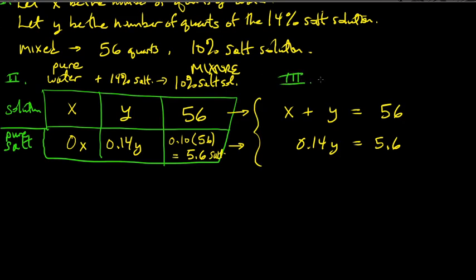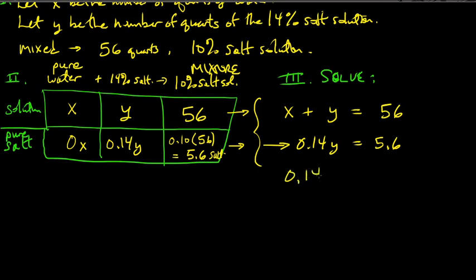Step 3, solve this system. This should be easy. Remember, we're going to use the addition method. When you do the addition method, you eliminate either x or y. But notice that in the second equation, there is no x, so we don't have to bother eliminating anything. We don't have to add anything.